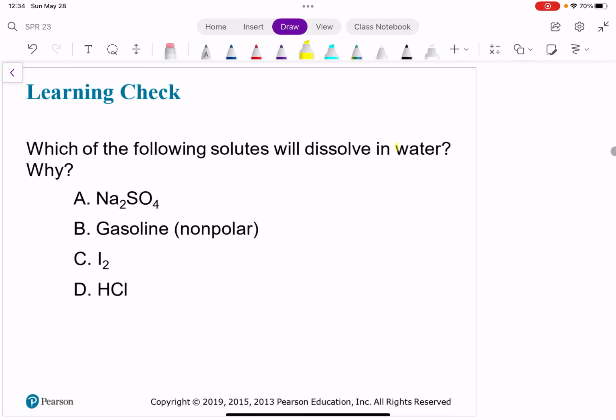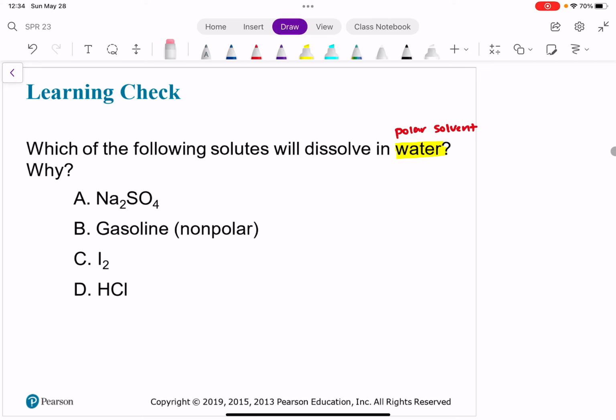Well, water is a polar solvent. We said it's a polar molecule. So what dissolves in polar solvents? Polar solutes or non-polar solutes? Yeah, polar solutes. So we're looking for any of these that are polar solutes.